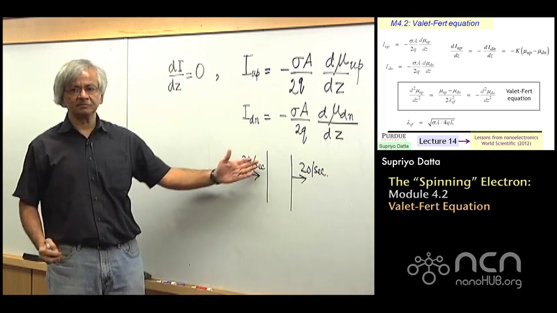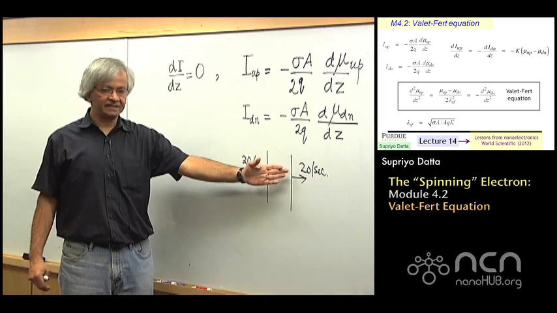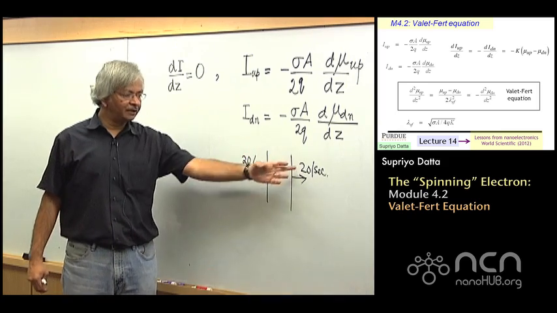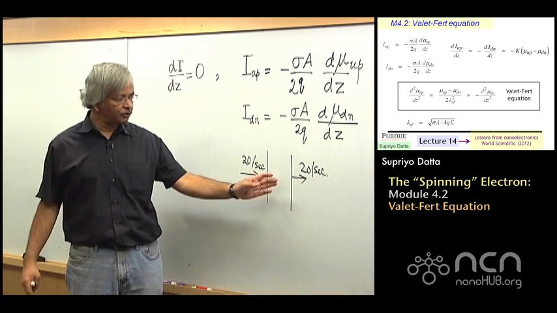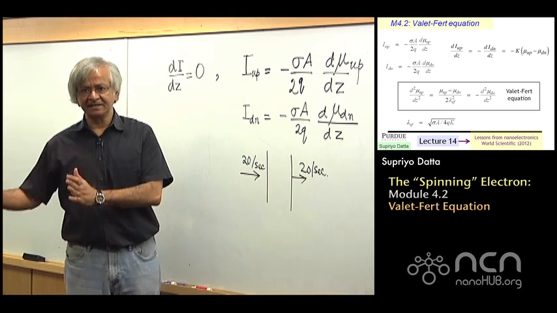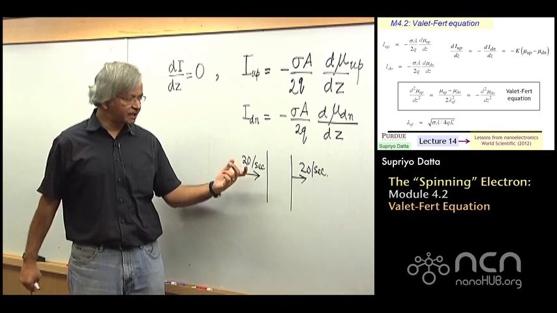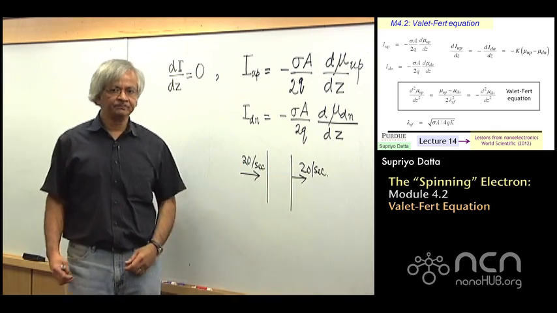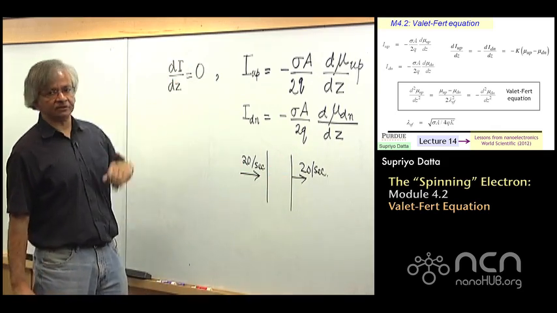Whatever number comes in must be going out if you want steady state. Because if you had 20 coming in and only 10 going out, then of course electrons would be piling up here with time. And that wouldn't be a steady state situation. So steady state, whatever comes in, goes out. And so dI/dz must be 0.